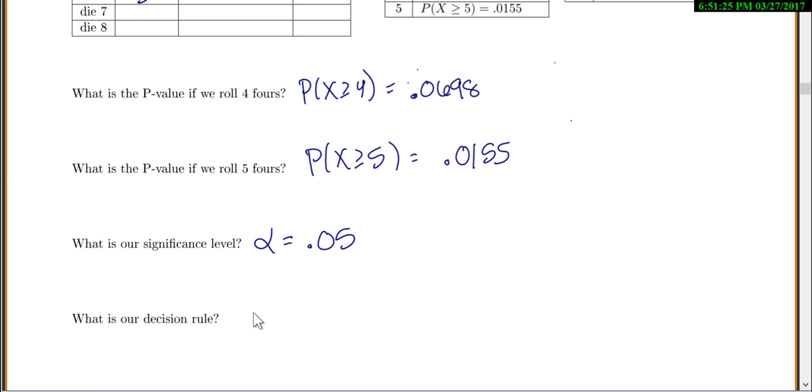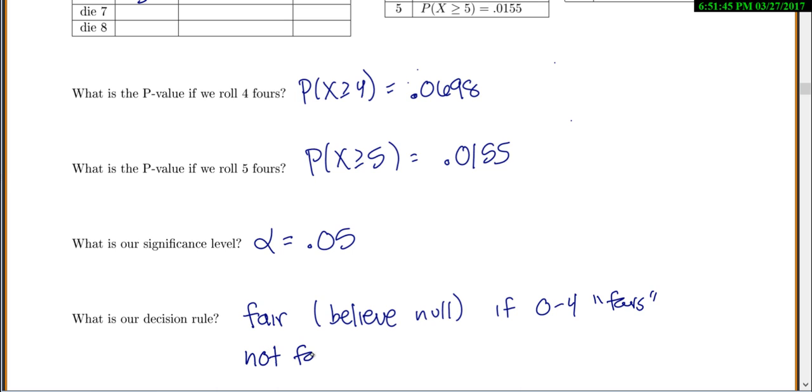And what was our decision rule? If you remember, we decided it was fair, or kind of believe the null, if we got 0 to 4 4s. And we believed it was not fair, so we would reject the null, if we got 5 to 10 4s.